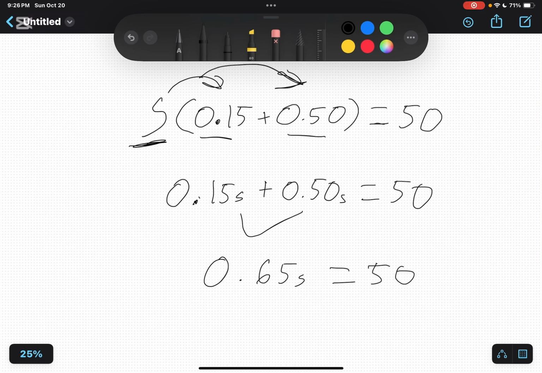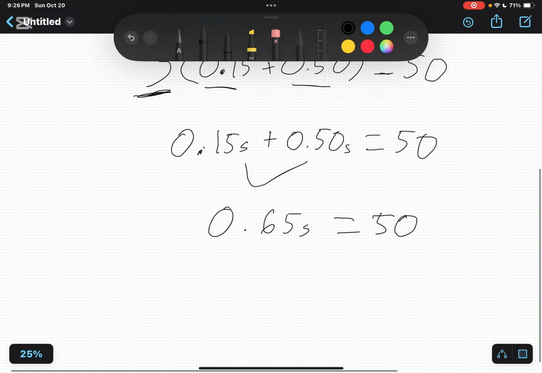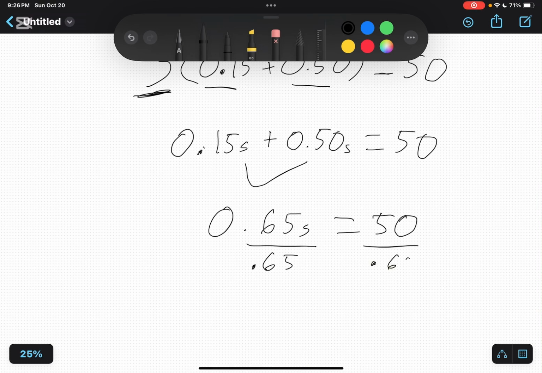And basically just like how we did the last equation, we can just divide to get the number away from the S by itself, 0.65, and divide 0.65 on the other side as well to get S equals 50 over 0.65.